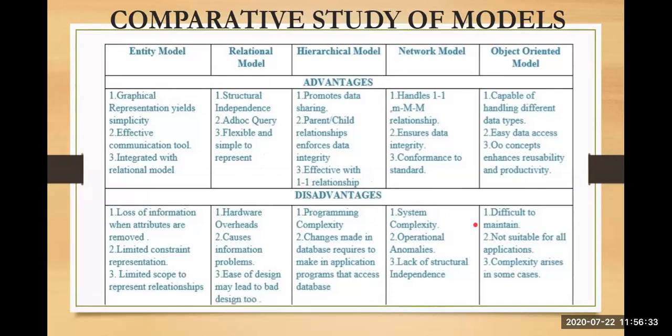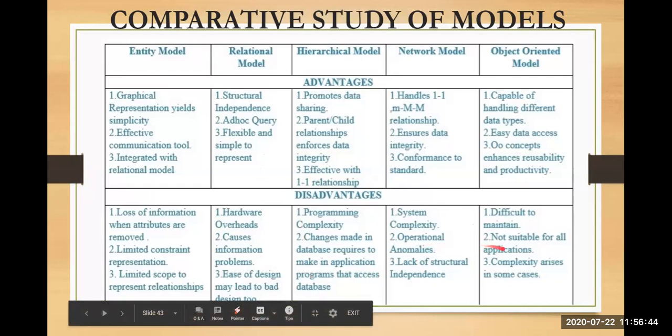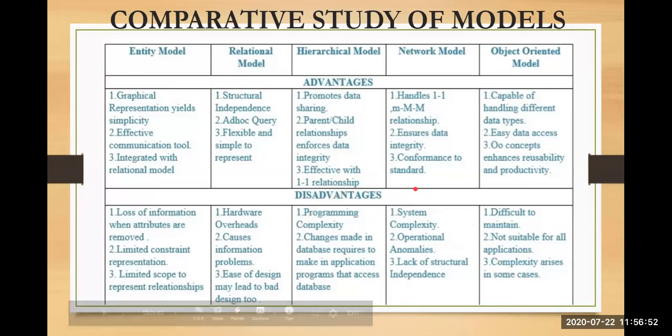Next is the network model. When I talk about the network model, the disadvantage is system complexity. Why is it system complexity? Because it has to handle many relationships. There are multiple parent relationships, there are multiple child relationships. So there is so much to handle. Because of that, there is a complexity. Next, operational anomalies. Operational anomalies refer to many references being made at a single point of time.